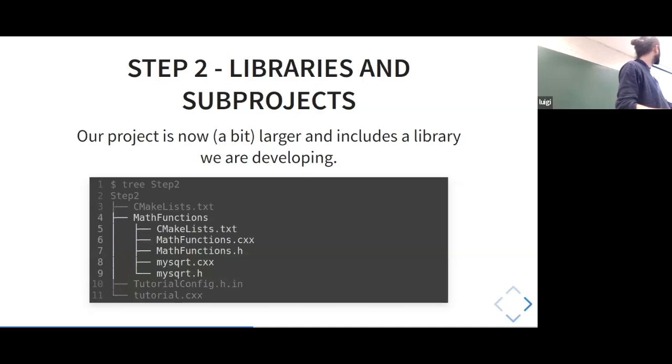But now we have something new. It's the MathFunctions directory. It's a subdirectory in which there is, well, let's say a library that we develop ourselves that implements the functions we want. So here's a bunch of mathematical functions. I have square root functions here, and as you can see, there are two source files, .cxx files, and two header files, and that is interesting. There you have another CMakeLists.txt.